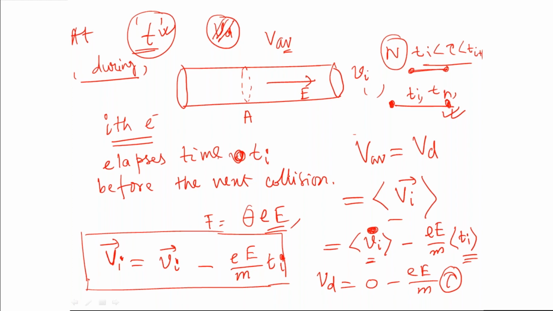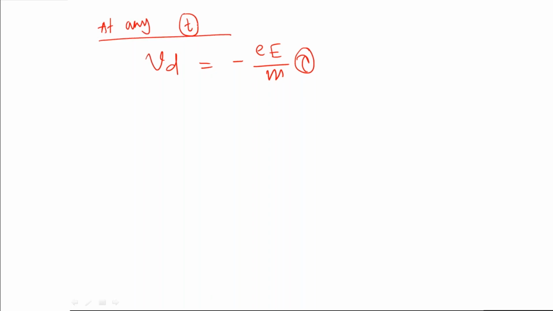So I'll erase all these things and write the final result. I have got the average velocity of the electron as eE by m into tau. You can see this is not the time t which I was talking about. Actually, I was calculating the velocity at any time t or during any interval of time t, but that time is not coming in this expression.